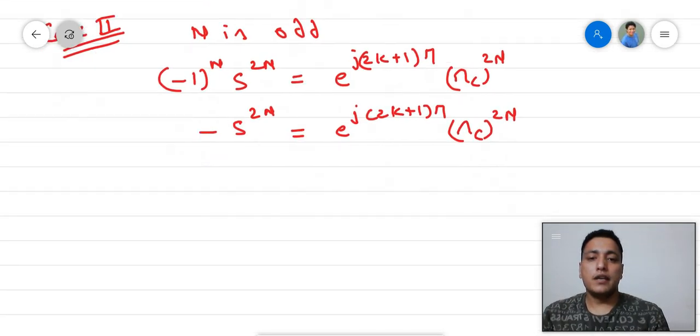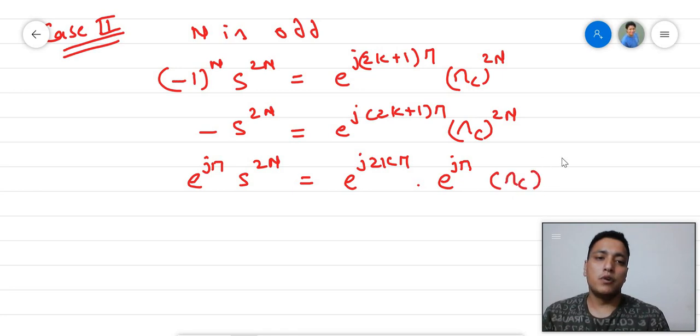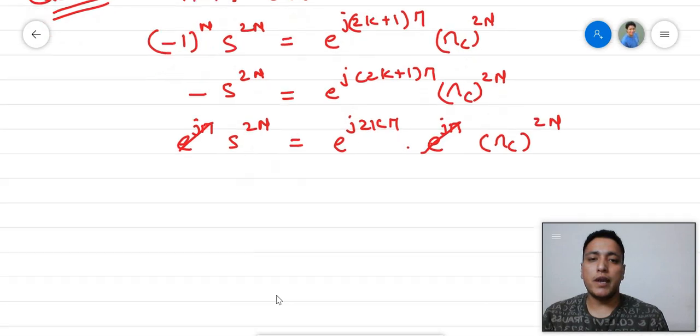This negative sign can be replaced as exponential j pi, as for cos pi, the value is minus 1. Then s to the power 2n equals to exponential j 2k pi into exponential j pi omega c to the power 2n. This exponential j pi and this exponential j pi cancel out.